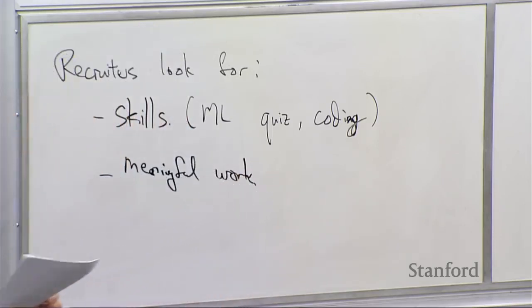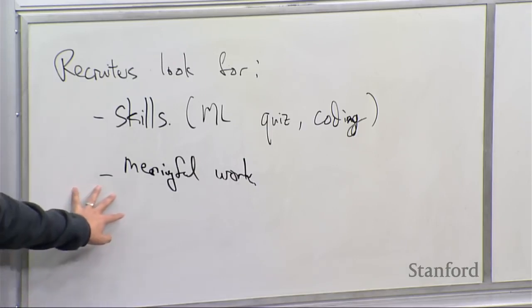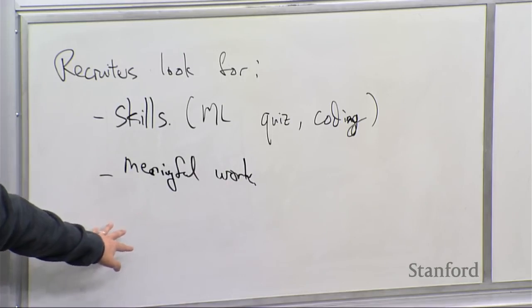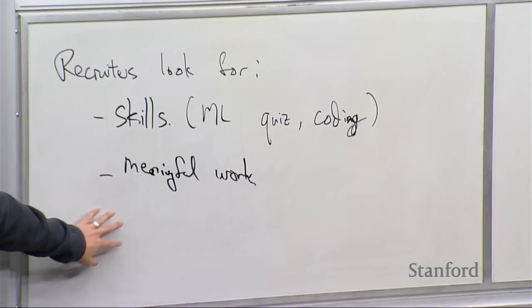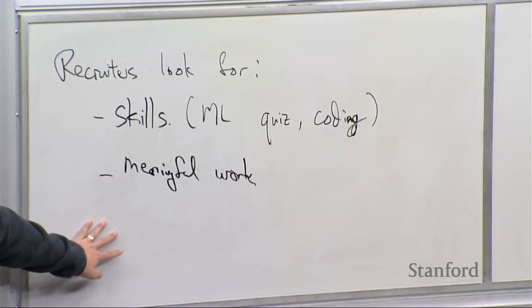In particular, there are some candidates that apply for jobs that have very theoretical, very academic skills, meaning you can answer all the quiz questions about what is batch norm, can you derive gradient descent for this? But unless you've actually shown that you can apply this to a meaningful setting, it's harder to convince a company or recruiter that you know not just the theory, but how to actually make this stuff work.